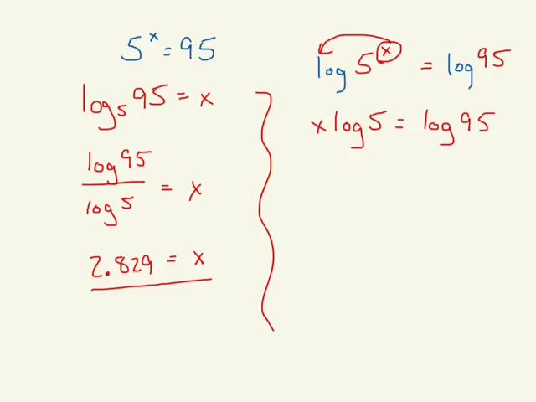Divide both sides by the log of 5, and we will get the log of 95 over the log of 5. Exactly the same thing that we had just a minute ago. Which gives you a little bit of inclination as to how some of these properties could be proved or shown to exist. And we would get the same value for x then, 2.829.